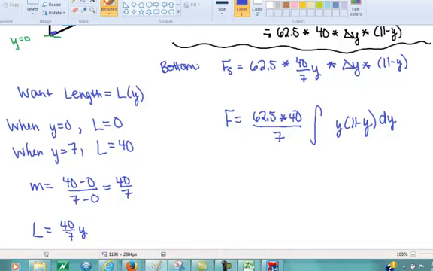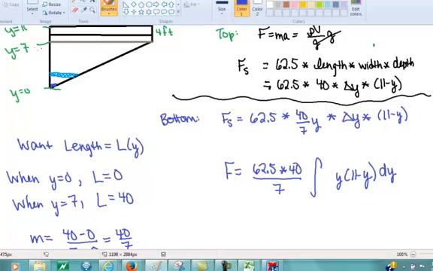Well, we're starting at y equals 0 and only going up to y equals 7, because after y equals 7, the length is always 40. Okay, so you just have to evaluate this integral and then add the two forces together. The answer you get from the bottom plus the answer you get from the top will be the total force on one of the sides.